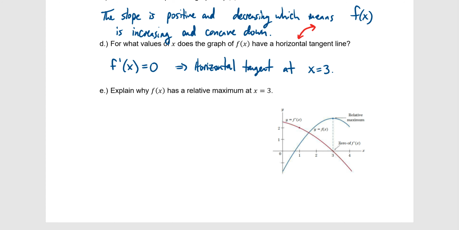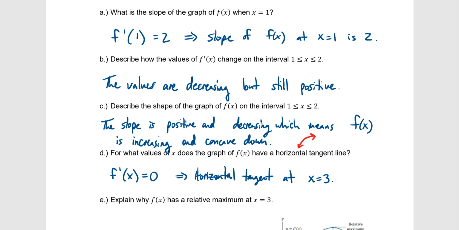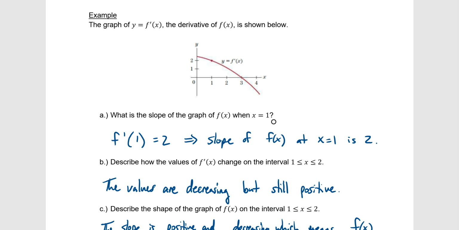And then for E, we want to explain why f of x has a relative minimum at 3. So a relative minimum at 3, and that is going to be because the slope changes from positive slope to negative slope, and then a slope of 0 between them.